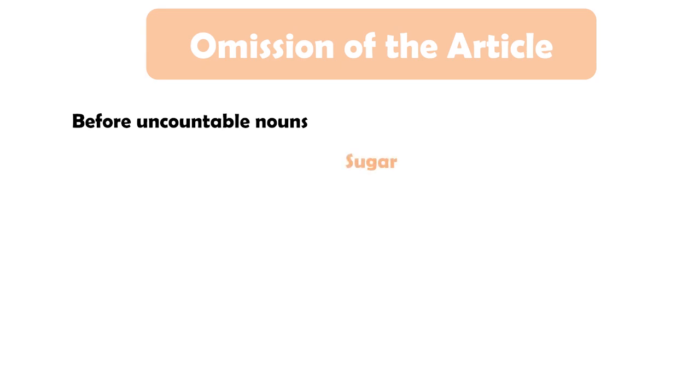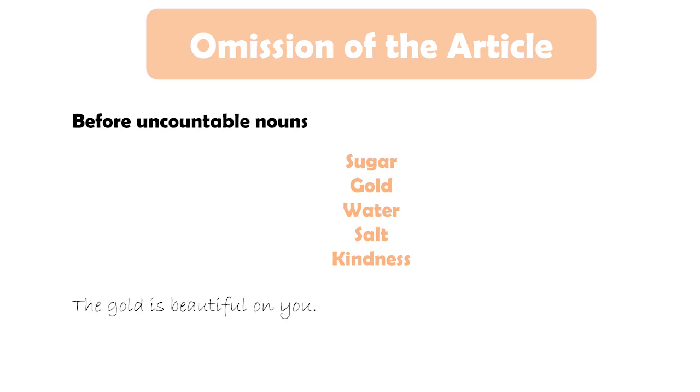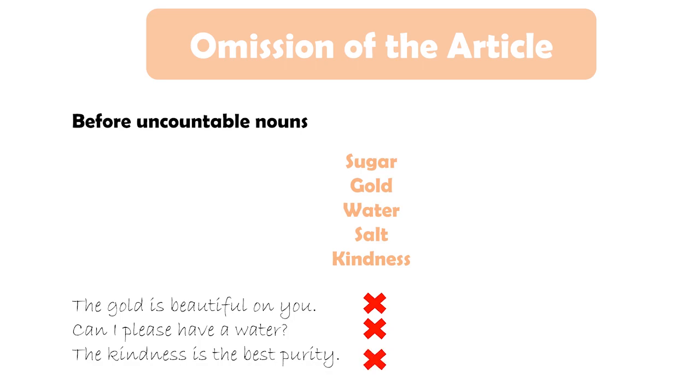The nouns that cannot be counted like sugar, gold, water, salt, and kindness. Look at these sentences. The gold is beautiful on you. That's wrong. We don't say that. Can I please have a water? The kindness is the best purity. We don't use the article before uncountable nouns.